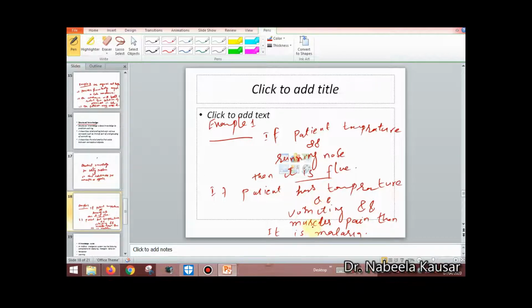So malaria is decided on the basis of the relationship between the temperature, vomiting and muscle pain. And if the patient has temperature and running nose, the patient has flu.